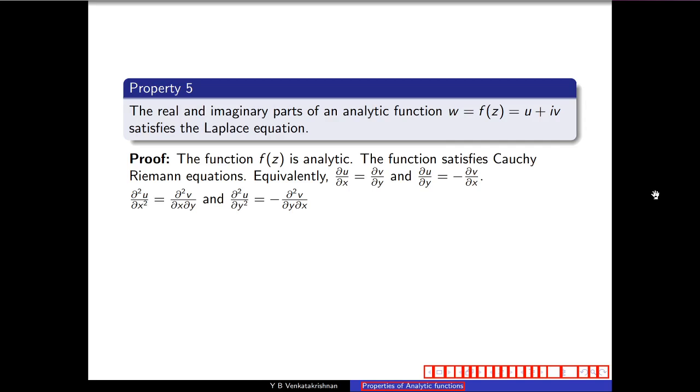And therefore when I find the sum of dou squared u by dou x squared and dou squared u by dou y squared, I get the value as 0.